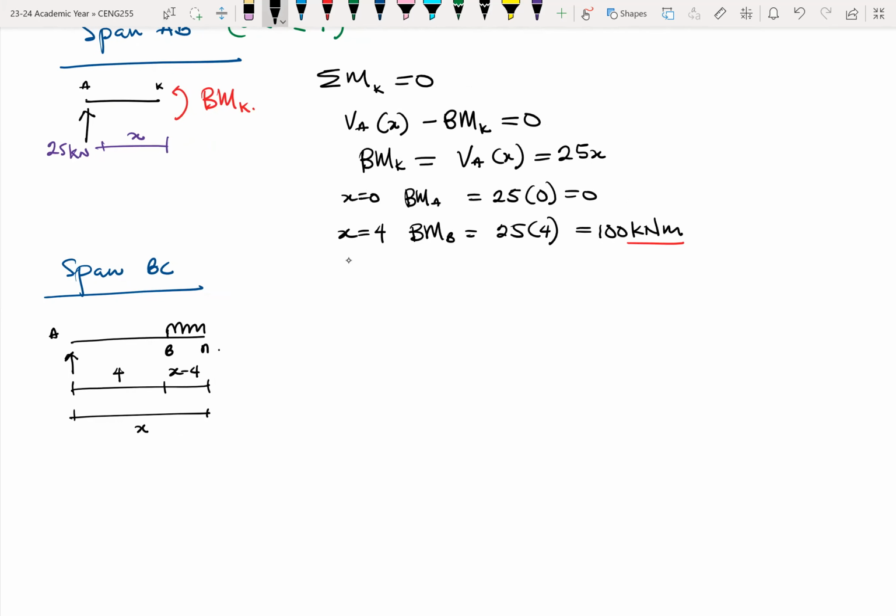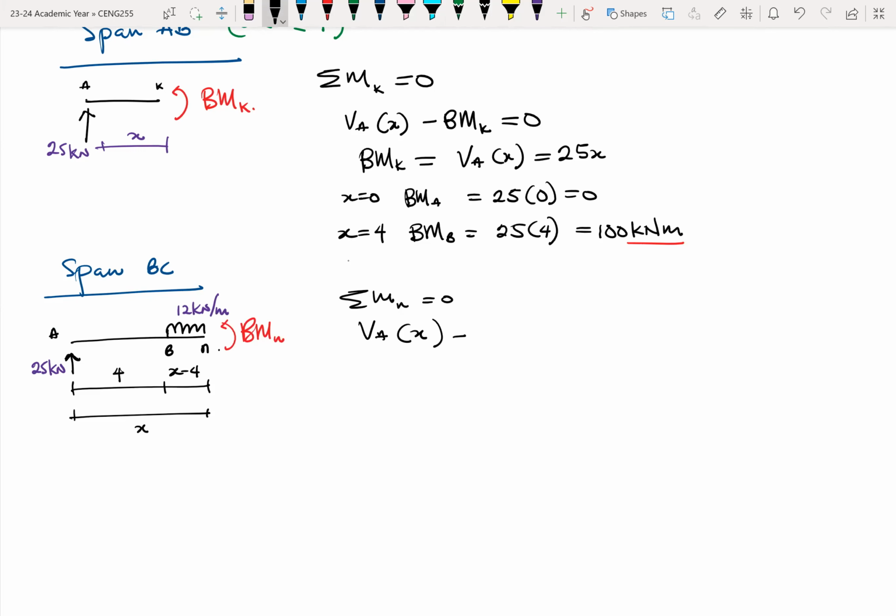Okay. So the load here is 25 kilonewtons for the reaction at A. So here's 12 kilonewtons per meter. Again, we need to find this moment here, BMN. So again, summation of moment at N equals 0. So it becomes VA times X, right? Between A and N is X, minus, then we have the UDL also come into play.